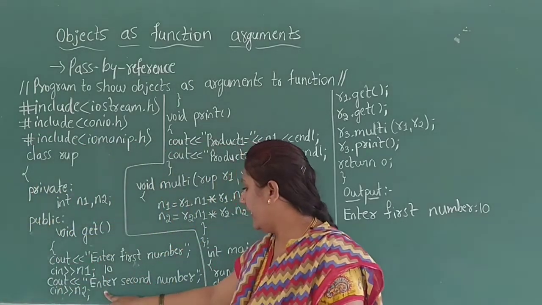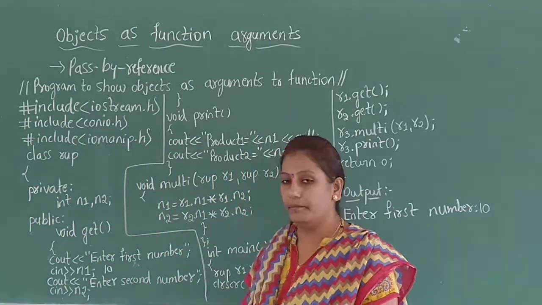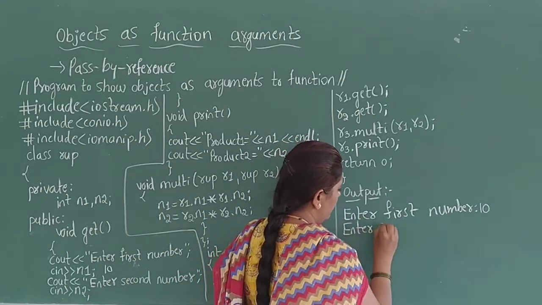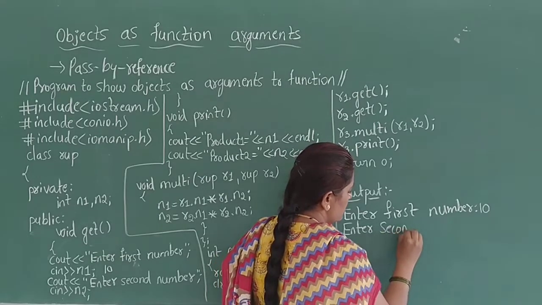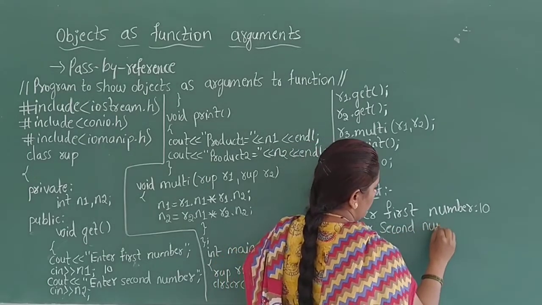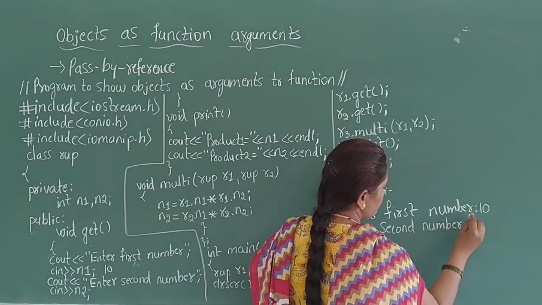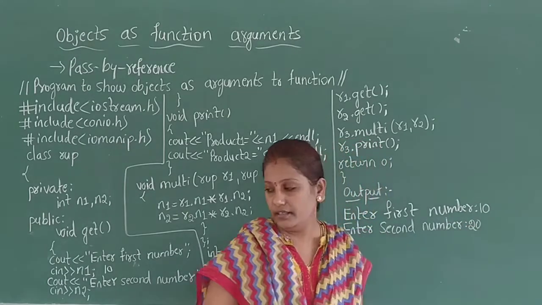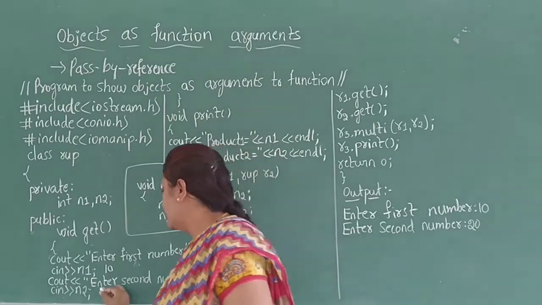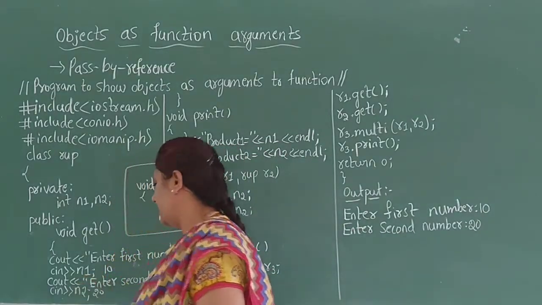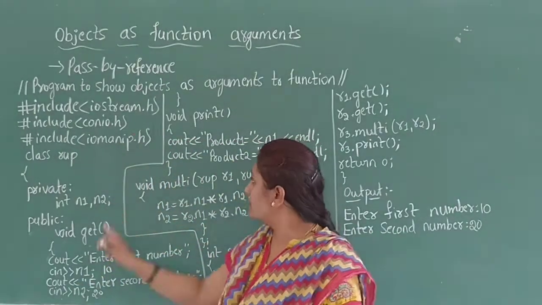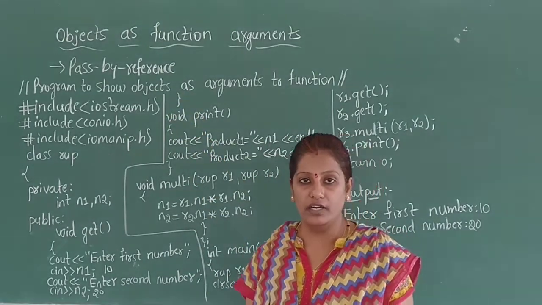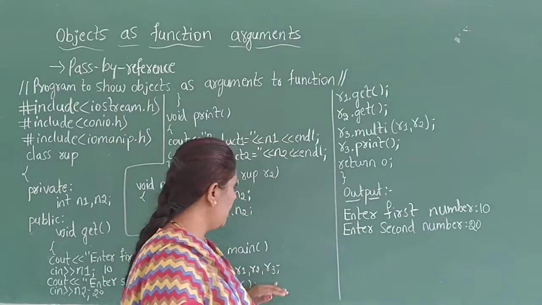Next, the second statement: enter second number. Suppose we enter the second number 20, then the N2 value is given as 20. Next, it ends the get member function and again goes to the main function.